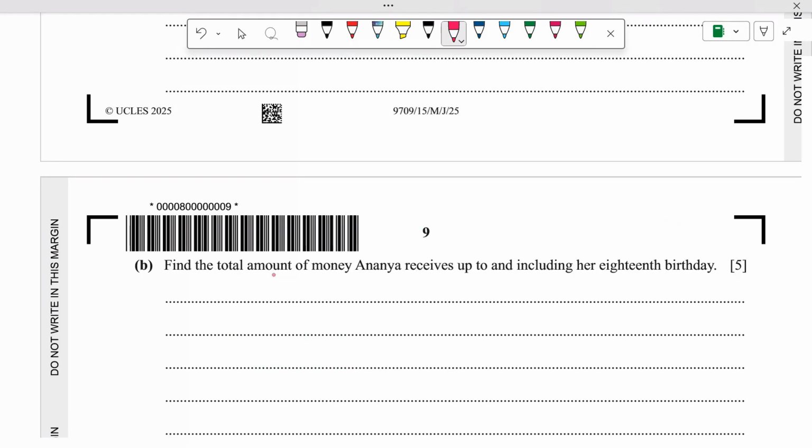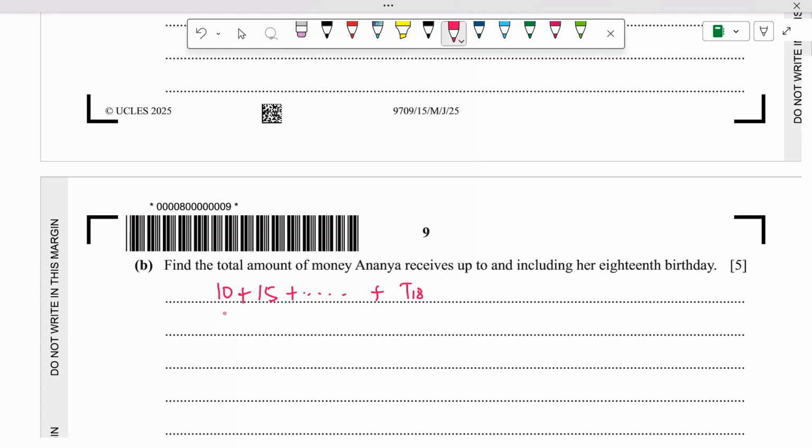Part B, find the total amount of money Anaya received up to and including her 18th birthday. So we know that her father gave $10 on the first birthday, then $15 on the second birthday, and it goes on up to the 18th birthday, which is P18.